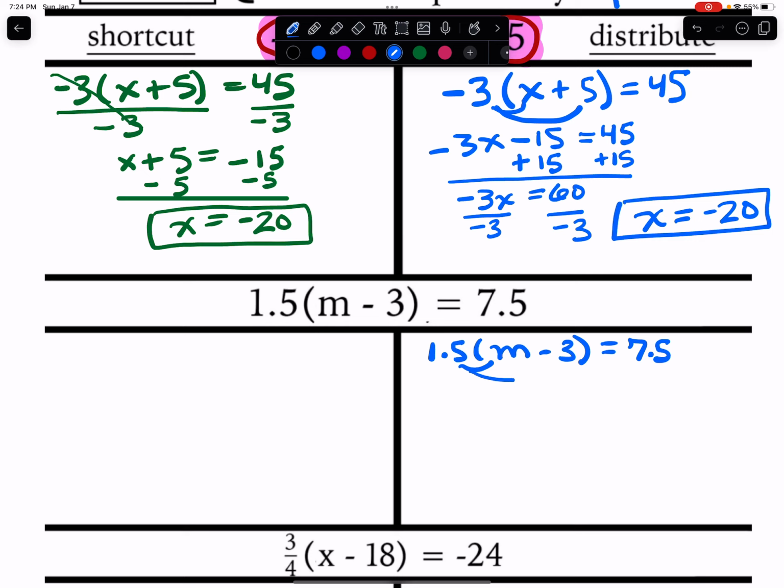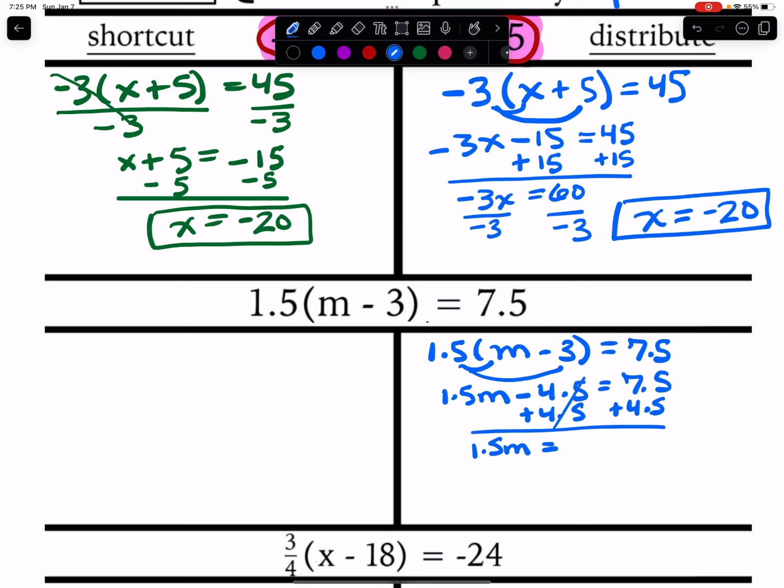All right, if I distribute, I'm doing 1.5 times m, and then 1.5 times negative 3 is negative 4.5. And so we'll first undo the constant term. The opposite of subtracting 4.5 is adding 4.5. These cancel out. And over here I have 12.